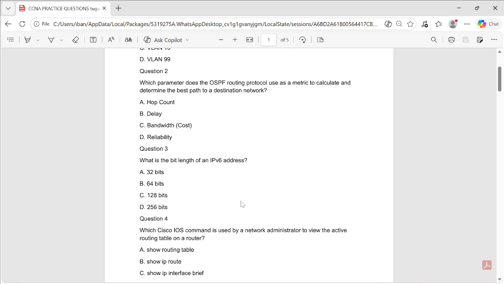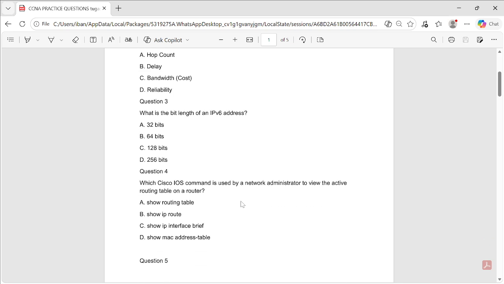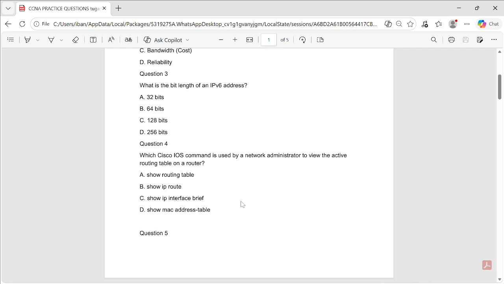Next, question number four: which Cisco IOS command is used by a network administrator to view the active routing table in a router? A, show routing table; B, show ip route; C, show ip interface brief; D, show mac address table.